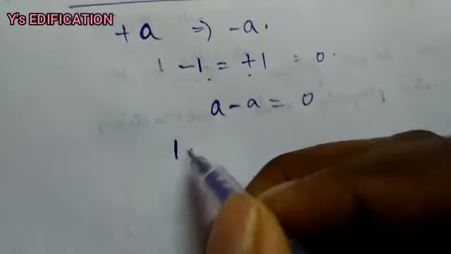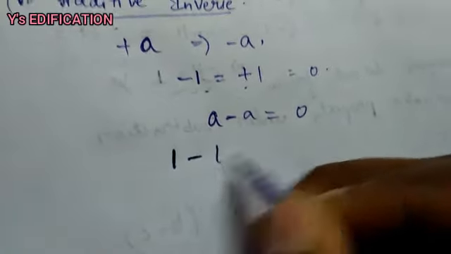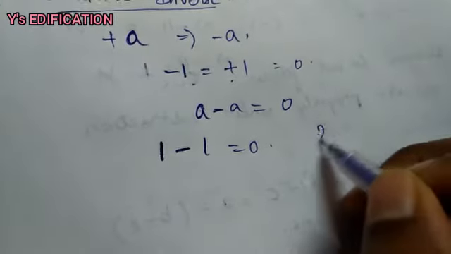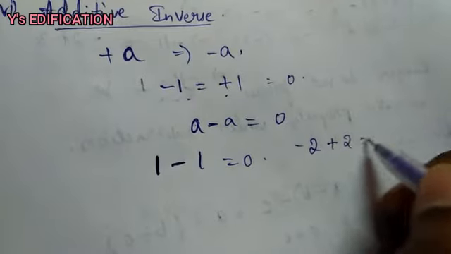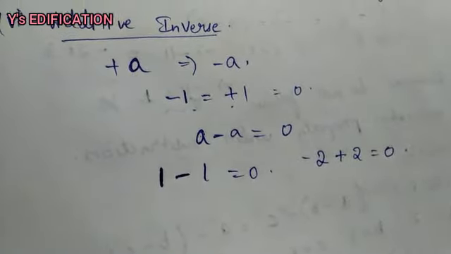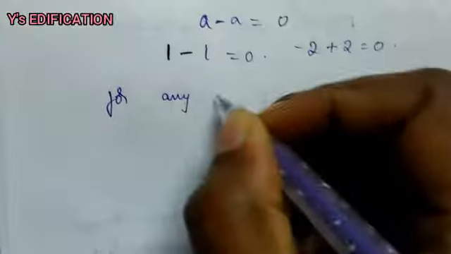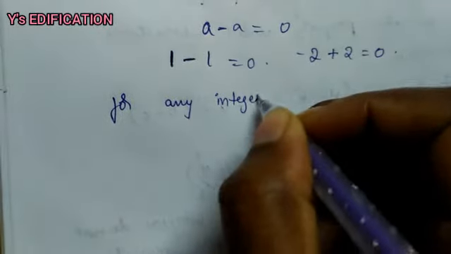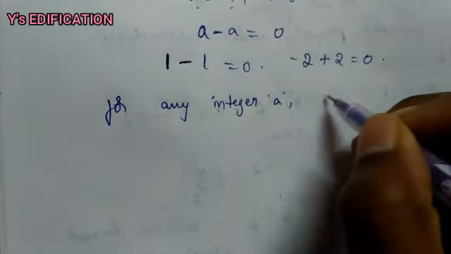Let me do it with an example. 1 is an integer. What is the additive inverse? Minus 1, and the result is 0. In a similar way, minus 2 is the integer. We have to add plus 2 to get 0. So this is the additive inverse. So how can we say this? For every integer a, there will be an integer minus a.